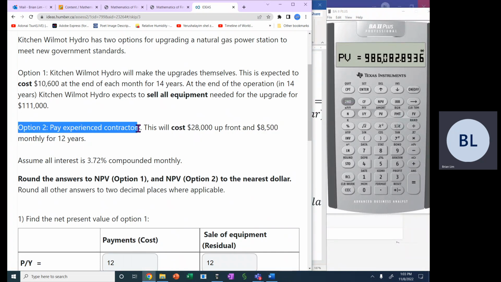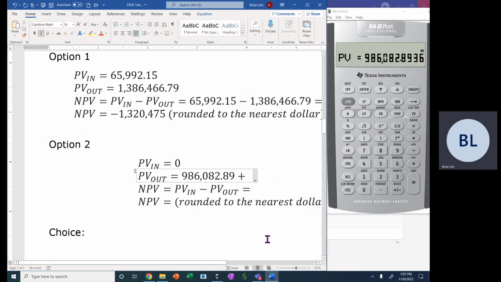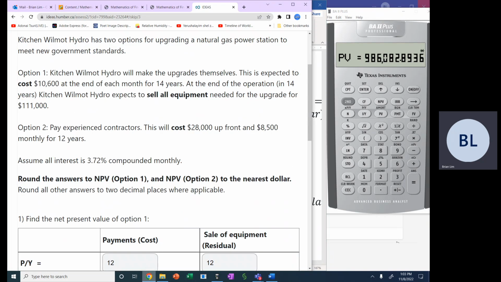Pay experienced contractors. This will cost $28,000 upfront and $8,500 monthly for 12 years. So we have to take that number and add $28,000. I think that number is correct if I'm not wrong. Yes, it is $28,000 right here. So we're fortunate.